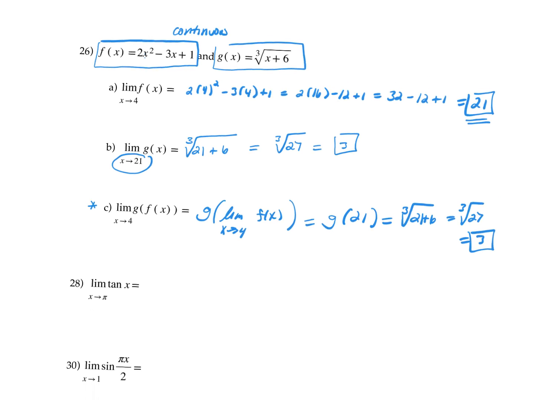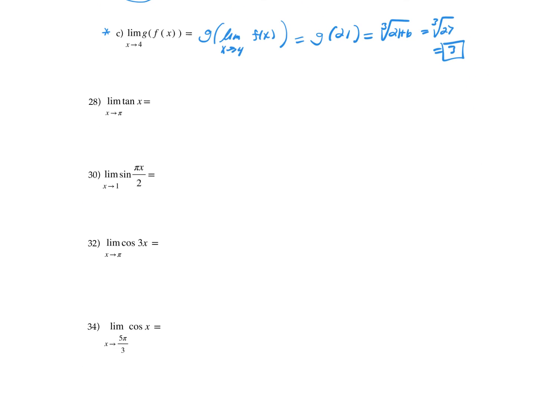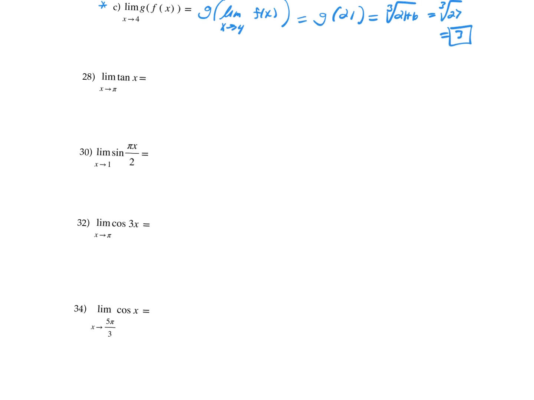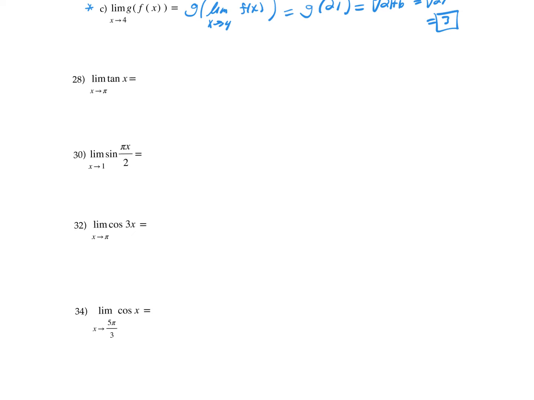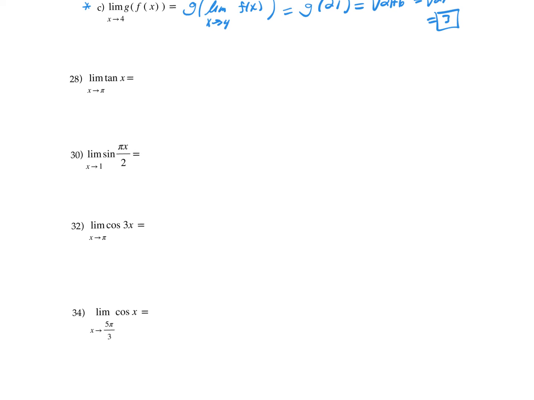All right, there will be trig questions, however, so let's take a look at this next group. So 28 through 36, we have a whole series of trig questions. So for number 28, this is the limit as x approaches pi for tangent x. So let's think about tangent of pi. Well, if we think about our tangent function, the tangent of pi is just equal to 0.